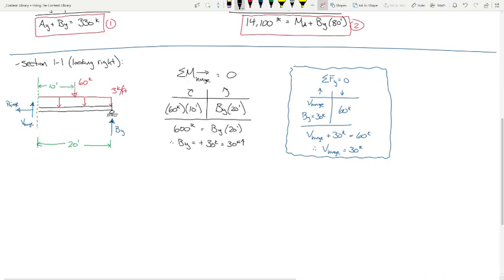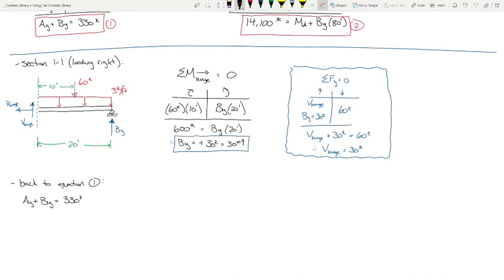So what we'll do is we'll say back to equation 1. And so that was AY plus BY is 330 kips. Well, I now have a value for BY. Here's my value for BY right here.